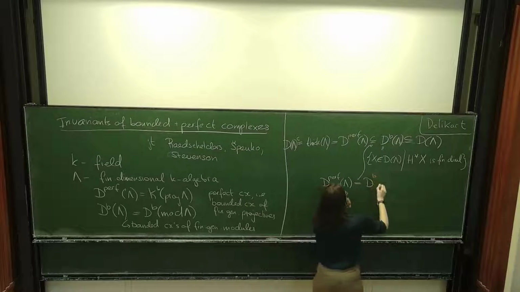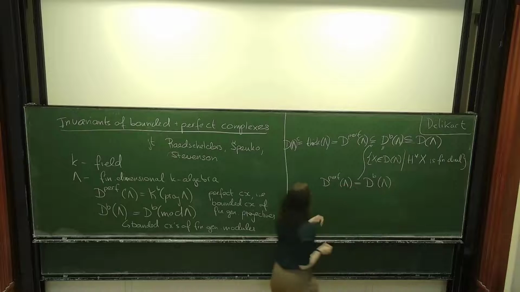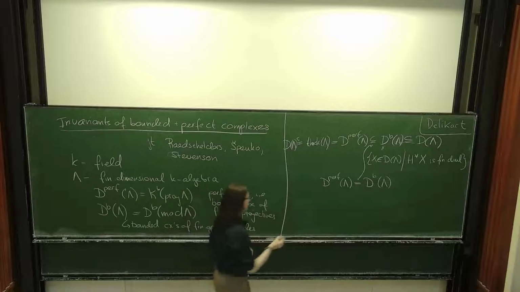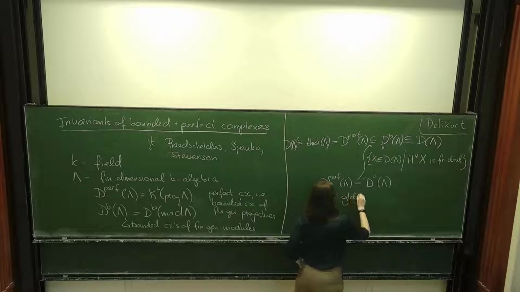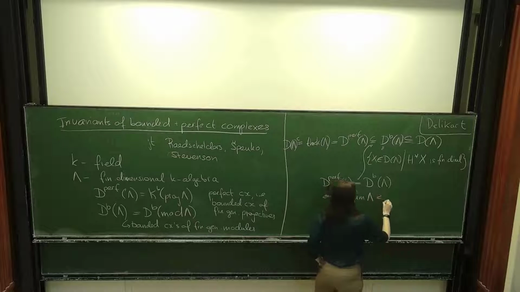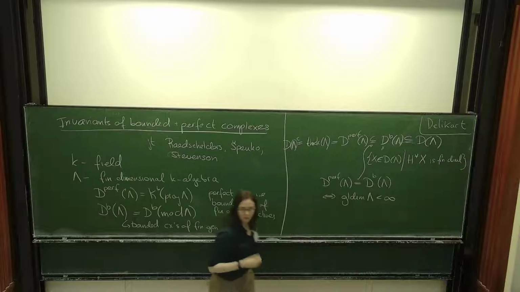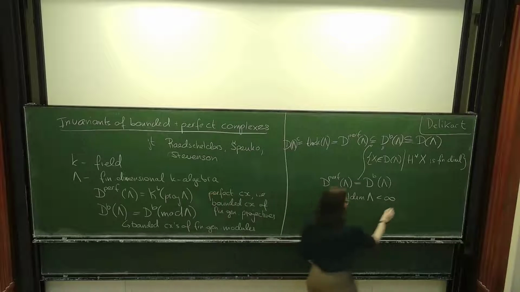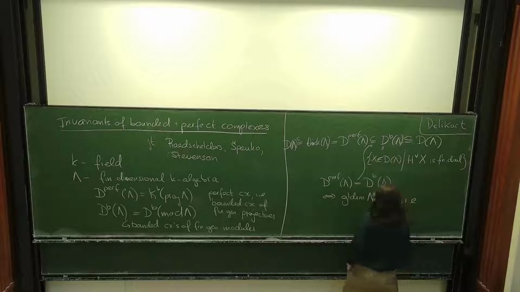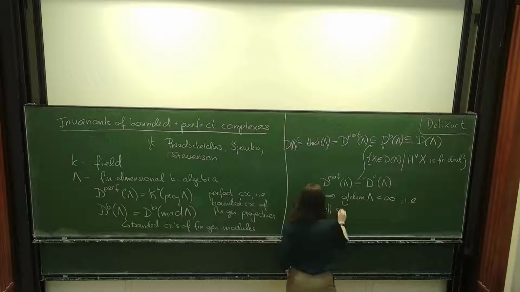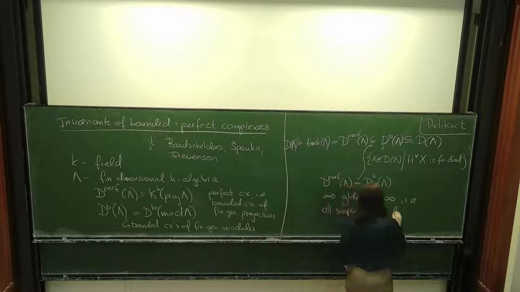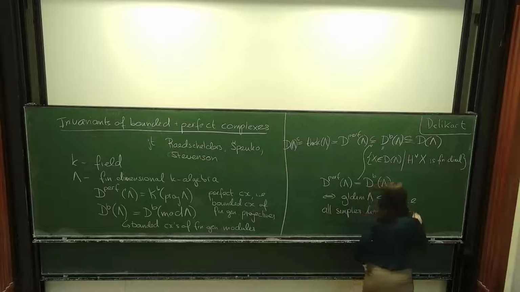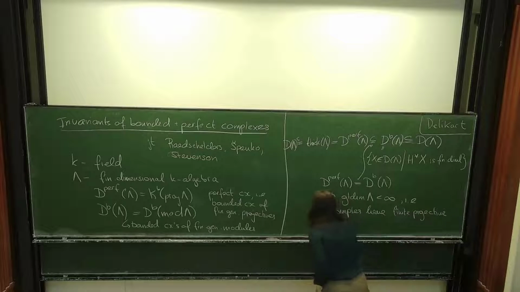D^perf is equal to D^b lambda, and that happens if and only if the global dimension of our algebra lambda is finite, which just means that all the simples have finite projective dimension.